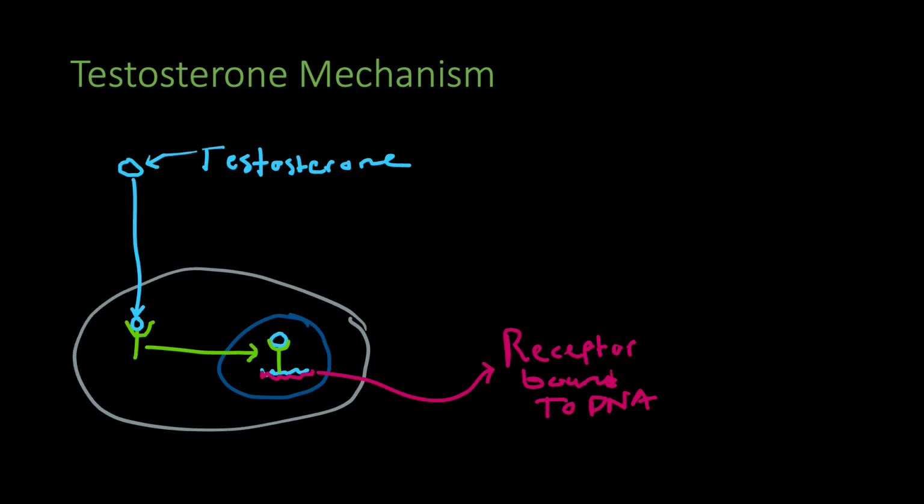Then it moves into the nucleus, binds to DNA, and regulates transcription of genes. This produces the proteins responsible for male sexual development and function, and restores things like erectile function, muscle mass, energy, mood, bone density, libido, all those kinds of things.